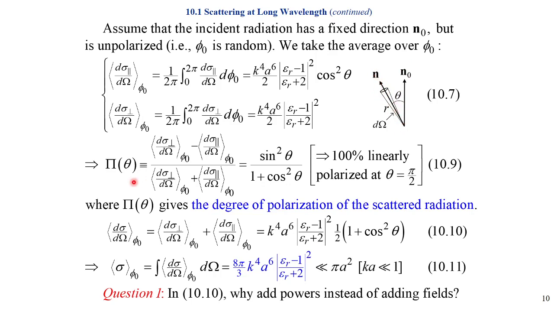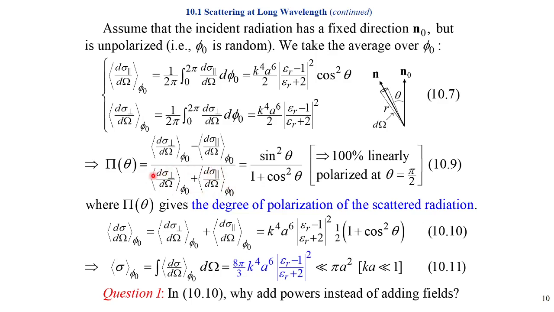So we define pi theta as the degree of polarization of the scattered radiation. What will we have? Perpendicular cross section minus parallel cross section, over perpendicular plus parallel cross section.